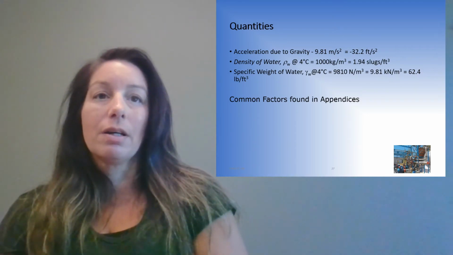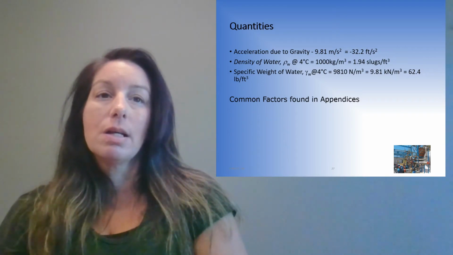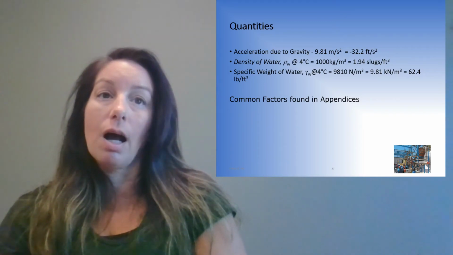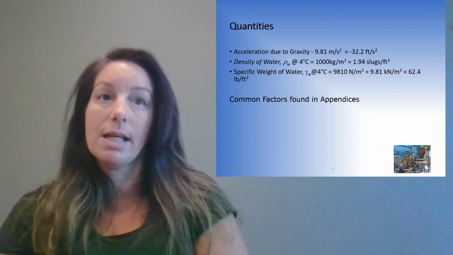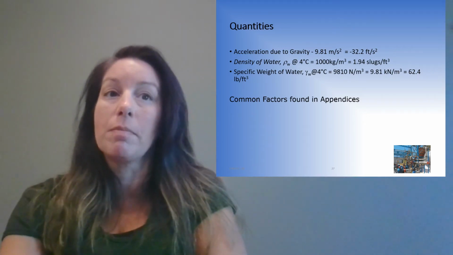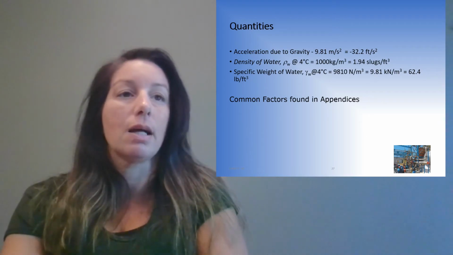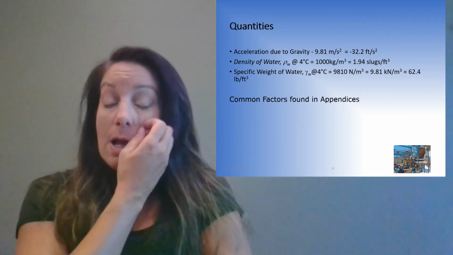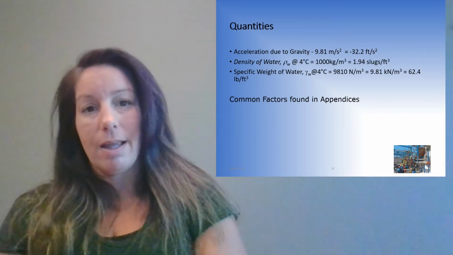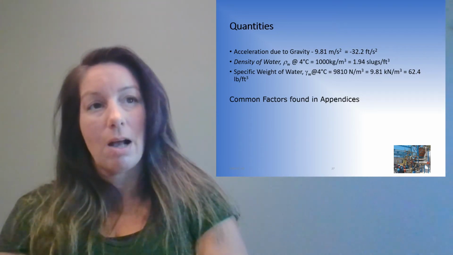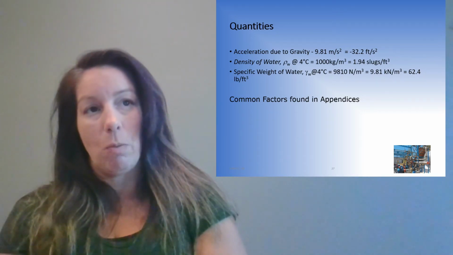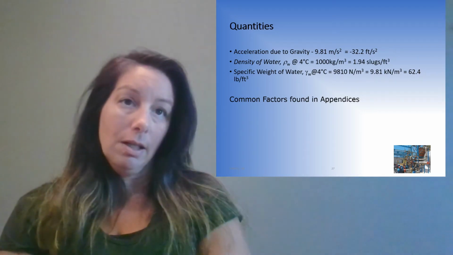Density of water, rho, density of water at 4 degrees C is 1,000 kilograms per meter cubed, or 1.94 slugs per foot cubed. Hence another reason why I like metric so much more. 1,000 is a lot easier to deal with than 1.94, but it is what it is.